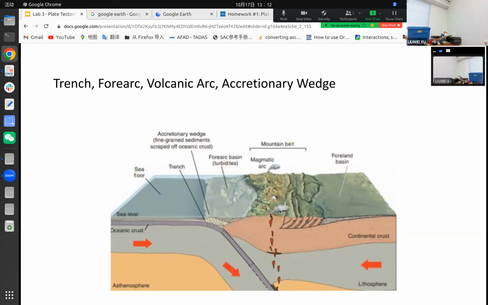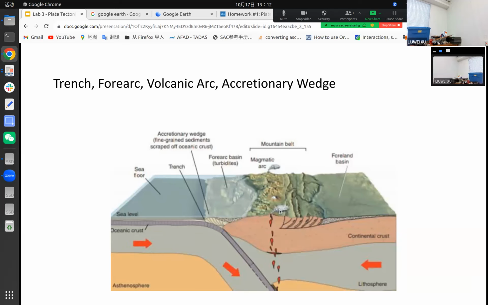In the meantime, we have some sediment layers on the top of the oceanic crust. They are very light. Their density is smaller than continental crust, so they do not go down into the mantle. On the other hand, they will gradually accumulate near the trench, and finally form what we call the accretionary wedge.